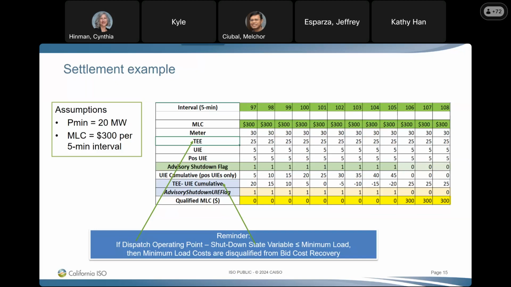And then in the next interval, they didn't deviate. They followed the dispatch of CAISO. Then even if we accumulate, we don't see any positive UIE for the next interval, so it will be small enough that even if you compare it with the TE for the later calculations, it will not show that the resource has persistently deviated to warrant a disqualification.